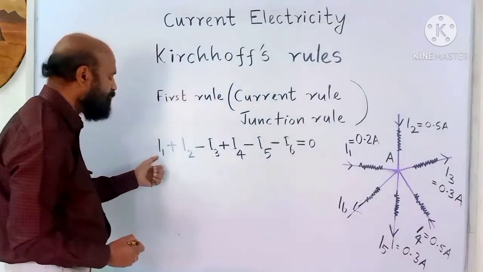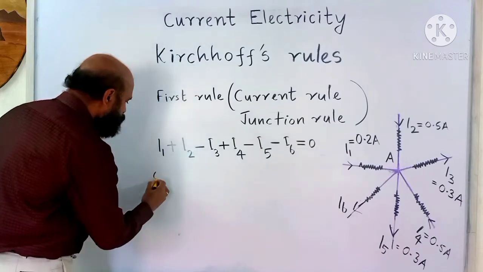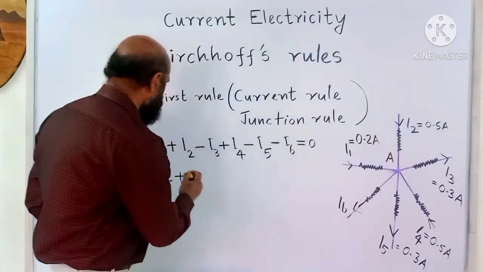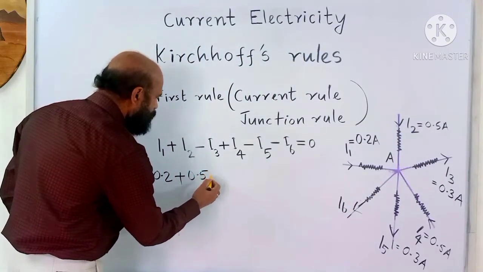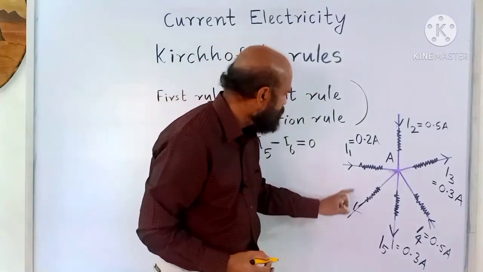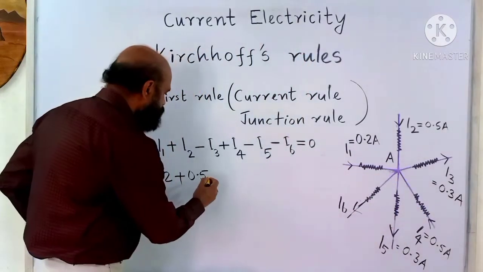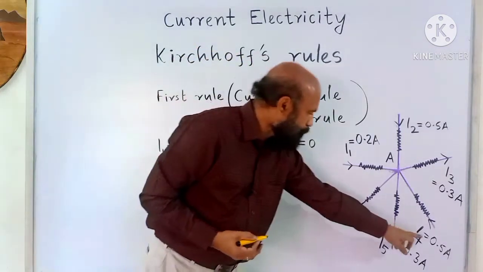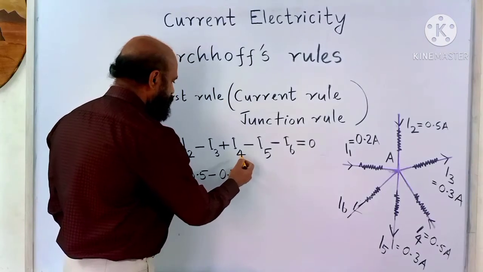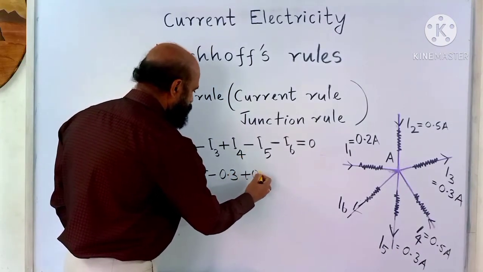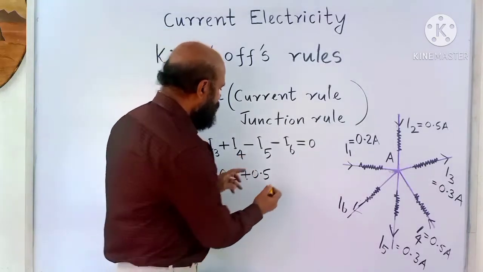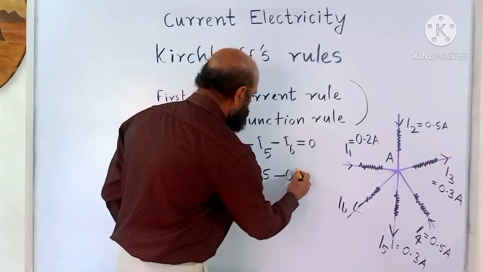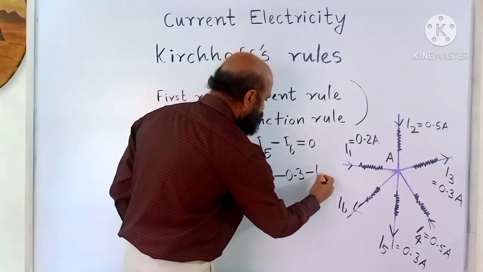So we can substitute in this. I1 0.2 plus I2 0.5, minus I3 0.3, plus I4 0.5, minus I5 0.3. So we have to find I6.